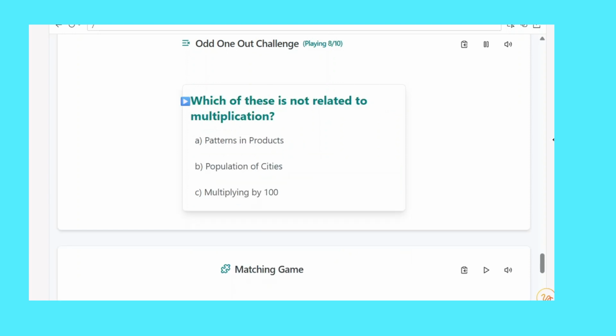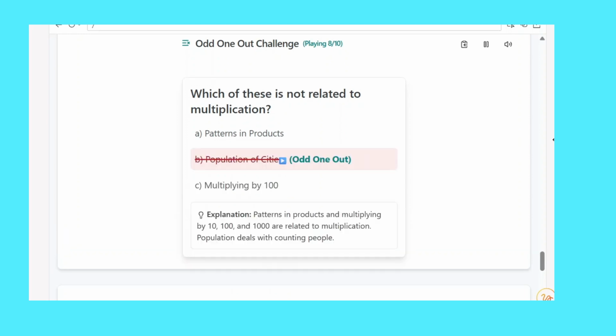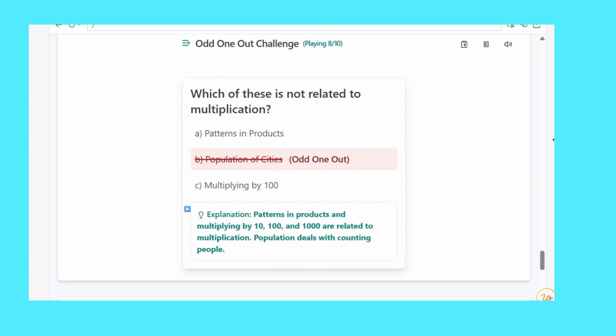Which of these is not related to multiplication? Patterns in products, population of cities, multiplying by 100. The odd one out is population of cities, because patterns in products and multiplying by 10, 100, and 1000 are related to multiplication.